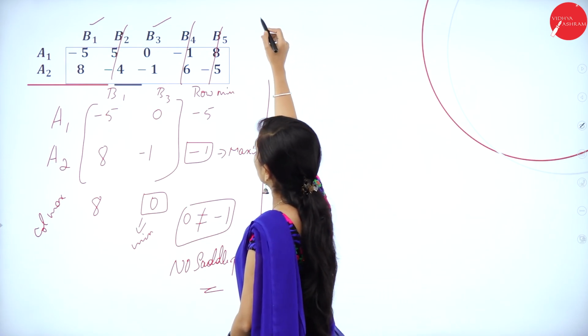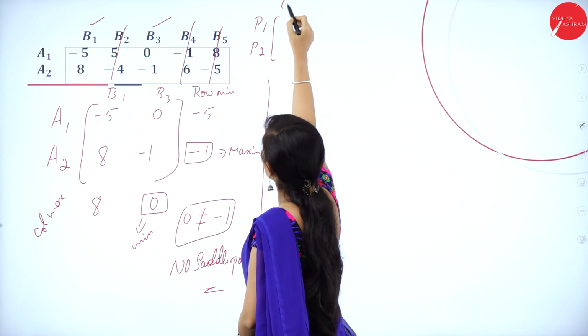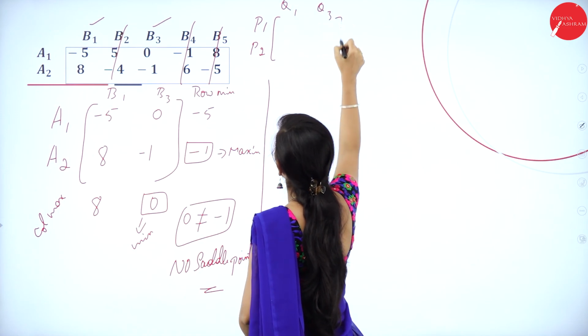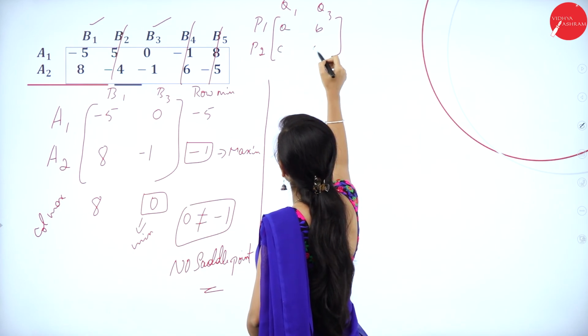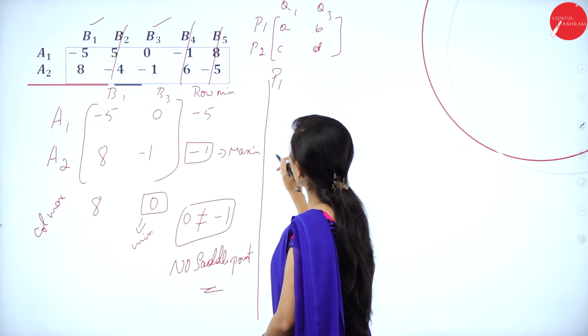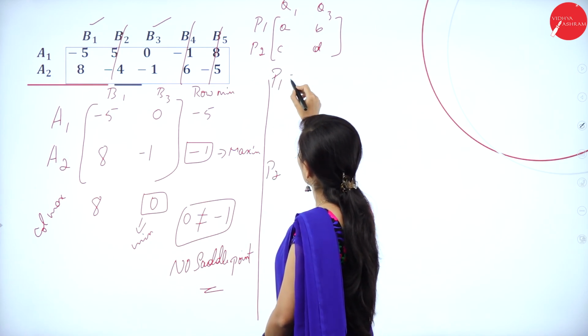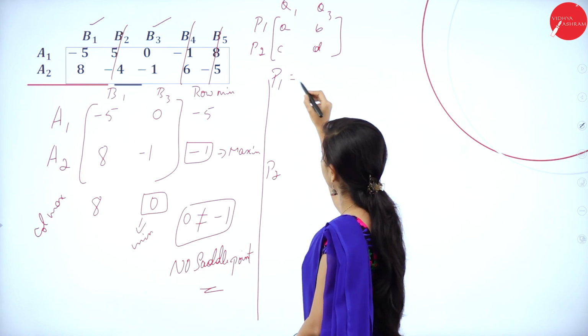So now you can use P1, P2 and here Q1 and Q3. Remainings are rejected. So A, B, C, D. By matrix representation you can find P1 and P2. What is the formula for finding P1?